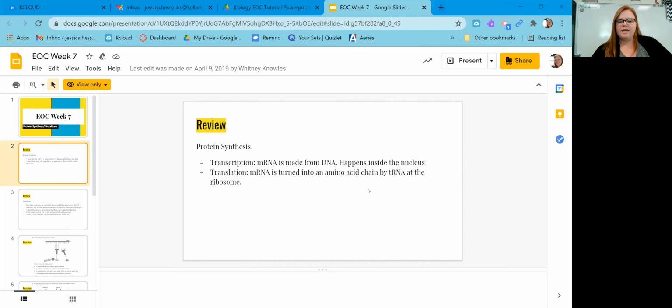because just like specific sequences of A's, T's, C's, and G's, or those nitrogen bases, code for genes, having a correct sequence or a specific sequence of amino acids builds specific proteins. So let's do an example of this.